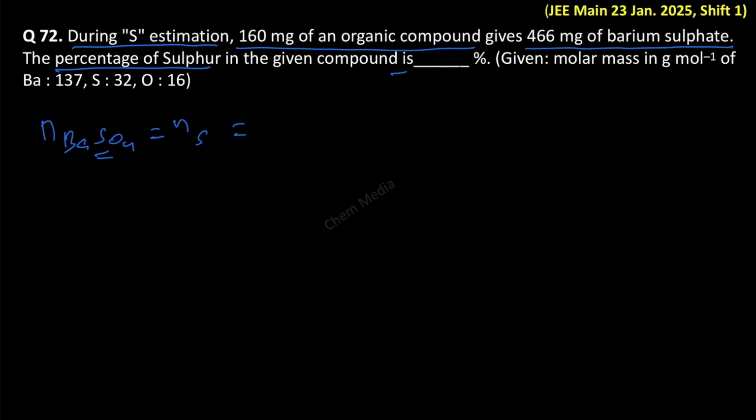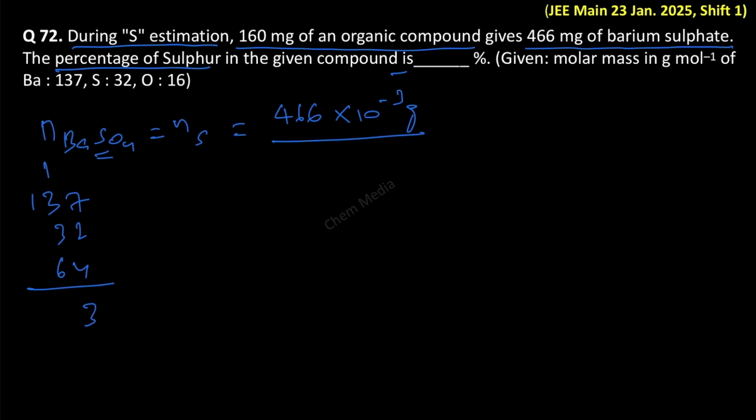So therefore this is equal to the mass of barium sulfate, that is 466 milligram, which I am writing in terms of gram. That's why multiplying with 10 to the power minus 3, divided by the molar mass of barium sulfate. That would be 137 plus 32 plus 4 times 16, that is 64. So 7 plus 2 is 9, 9 plus 4 is 13.